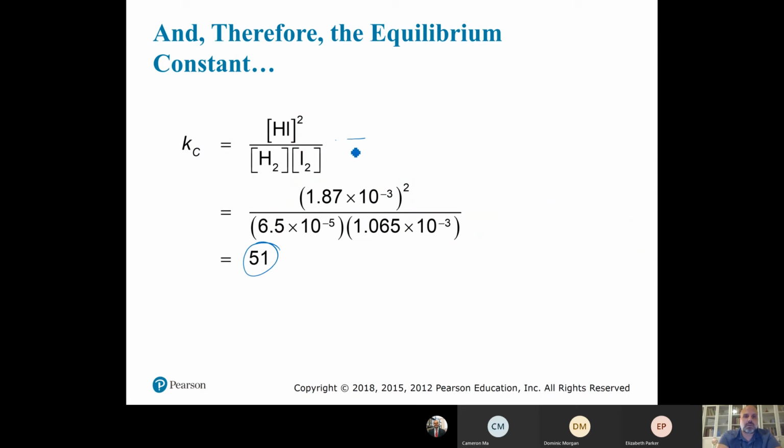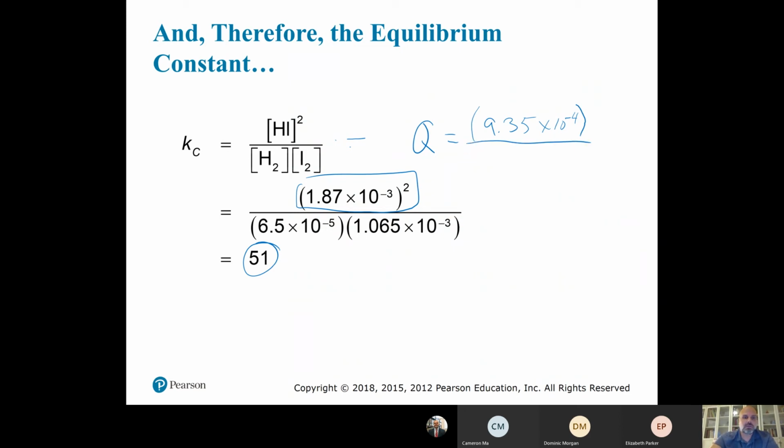Right. So if we were to use the exact same equation, but now instead of 1.87 times 10 to the minus 3 squared for concentration, let's just say we measure the reaction and we had 9.35 times 10 to the minus 4.